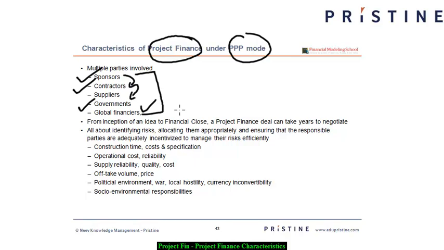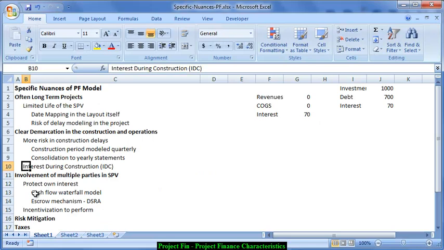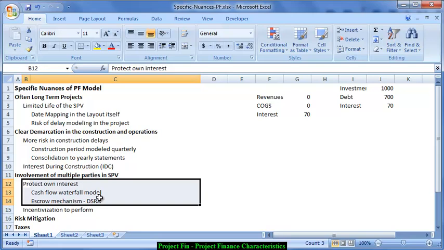And typically, such project finance deals can take years to negotiate and complete. So there is a huge risk of the project getting delayed, with multiple parties being involved. Again, since there are multiple parties involved, you need to make sure that they are protecting their own interest, which is typically done by putting a specific charge on the capital that's flowing into the project, and everybody wants to protect their own interest.